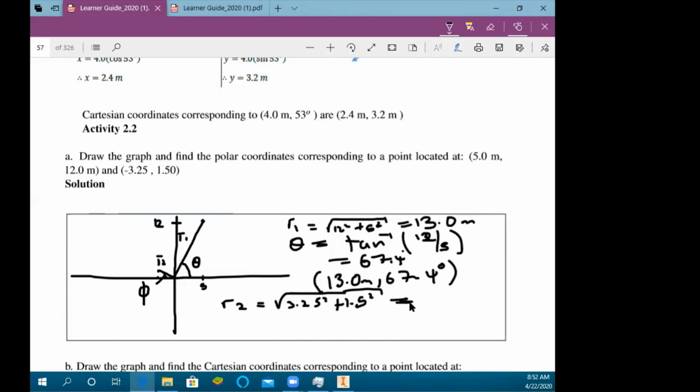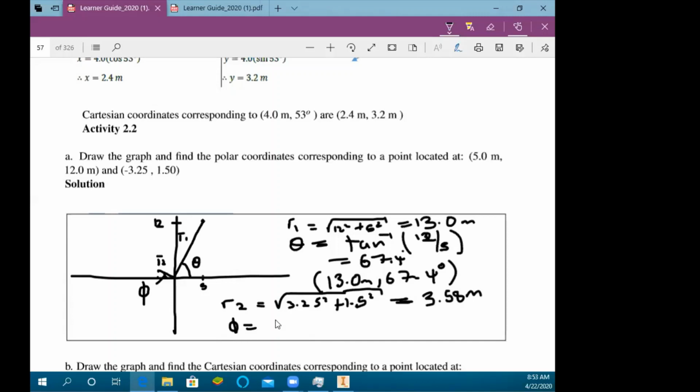What are we getting here? Is that what you're getting? I'm getting 3.58 meters. Okay.